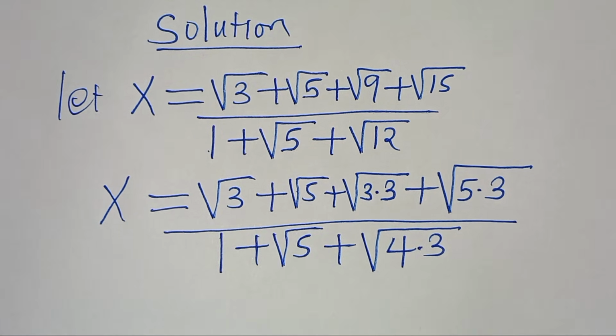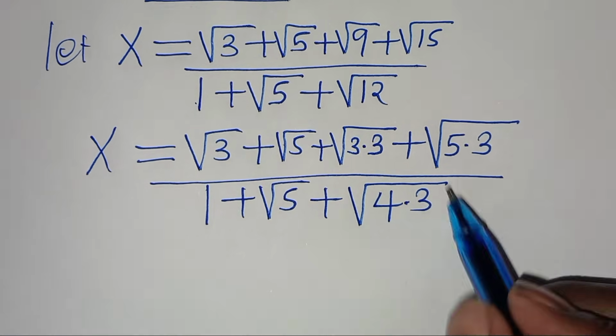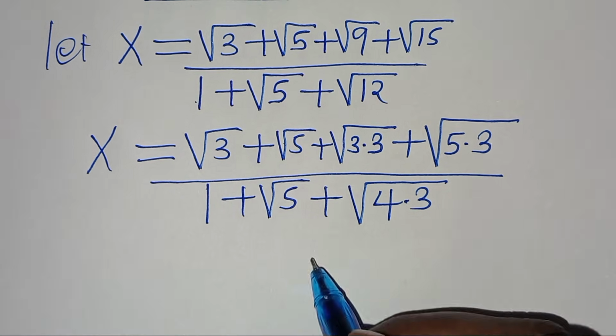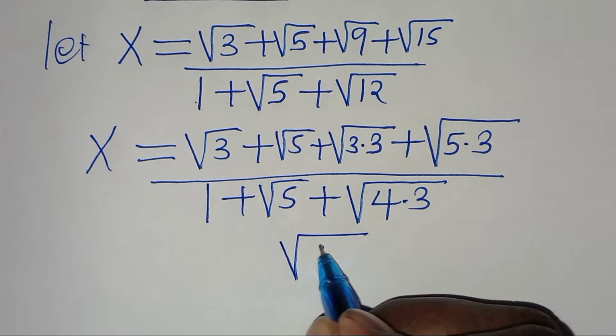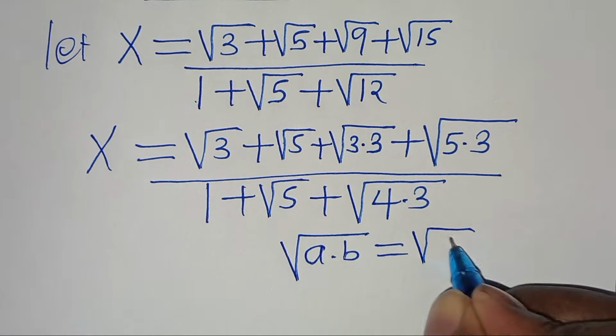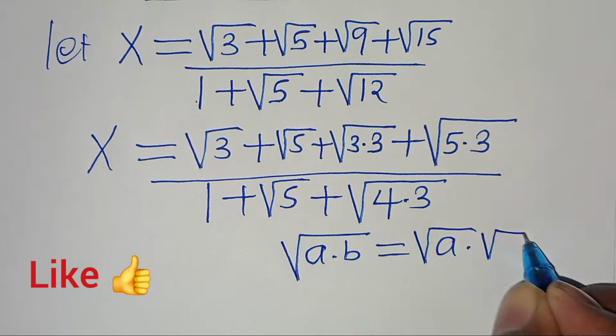square root of 4 multiplied by 3. Now, square root of 3 times 3 and square root of 5 times 3 are in the form of square root of a multiplied by b, which we can express as square root of a times square root of b.